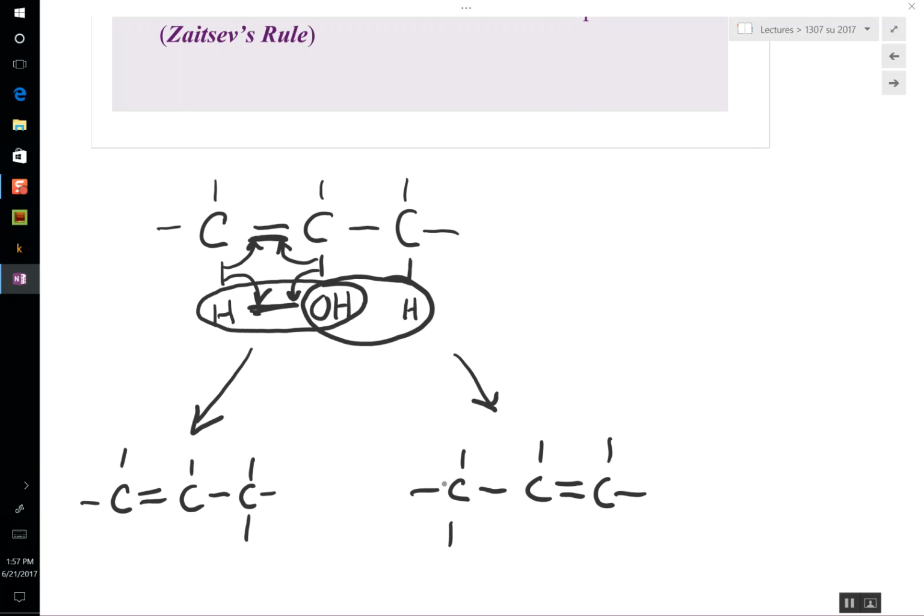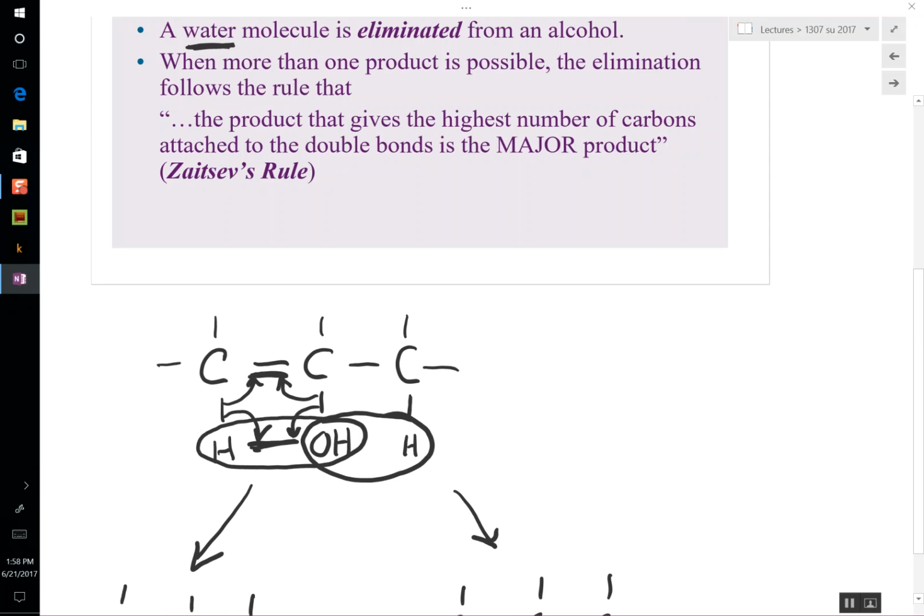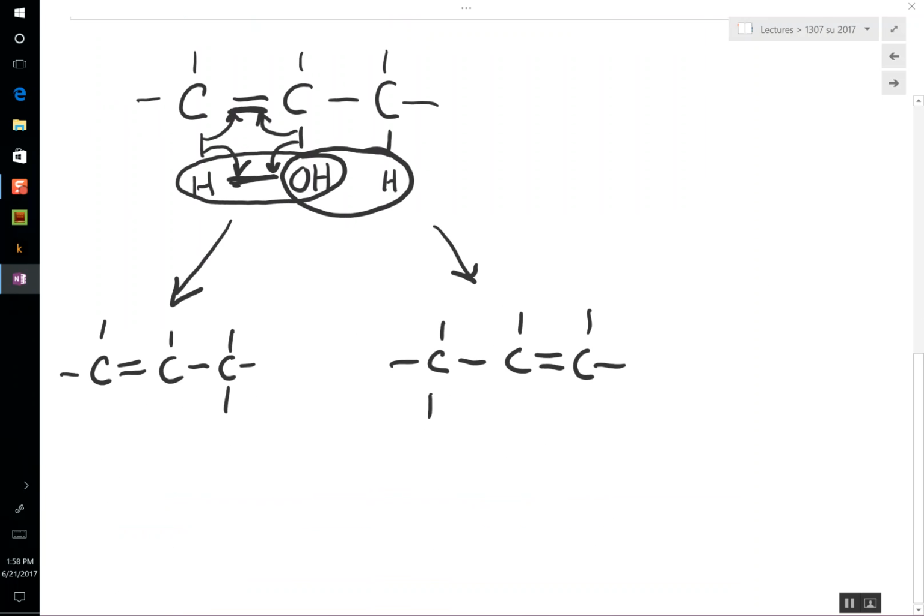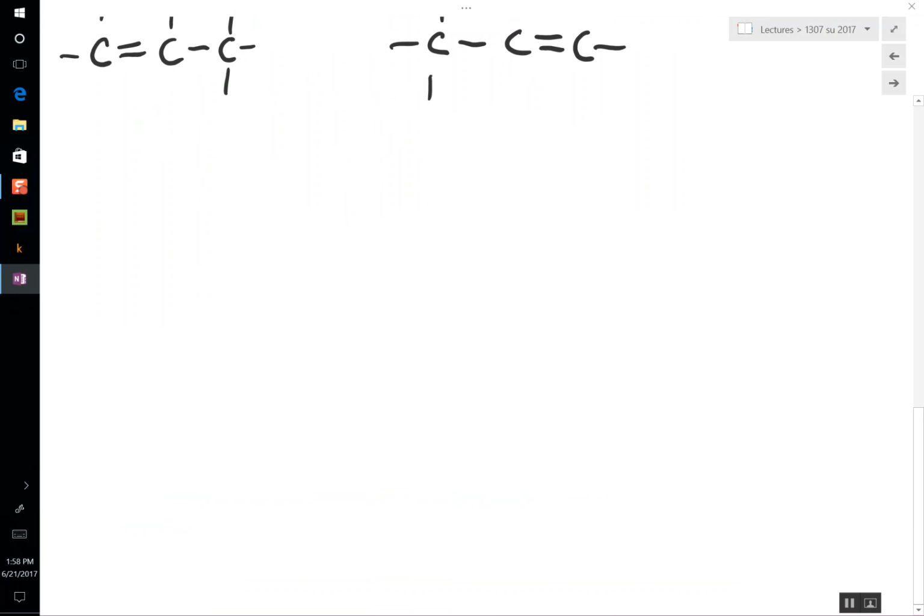Okay, so let's take another alcohol. Let's just add one more carbon to this thing. I'll write it in the middle this time. And we'll put the OH right here. And I'm going to write the hydrogens that are on either side of it.